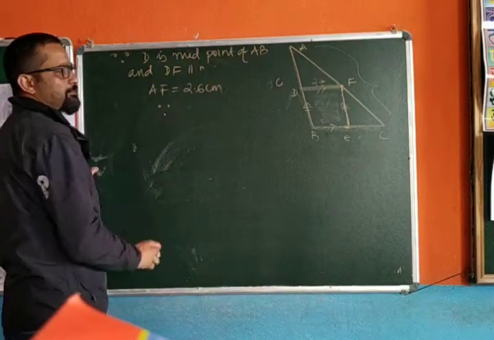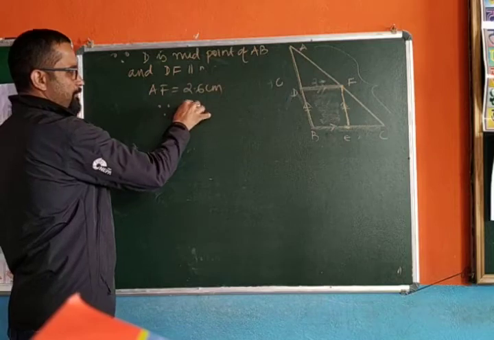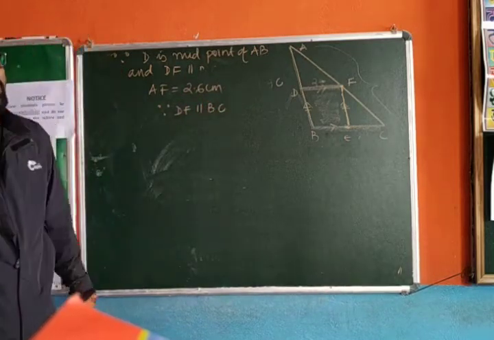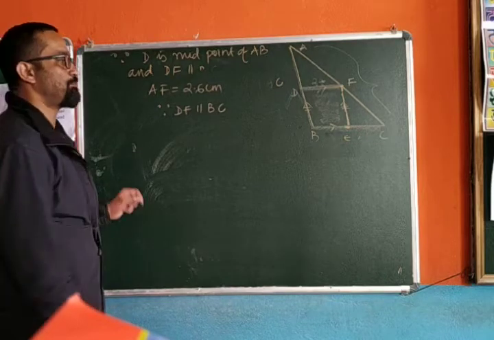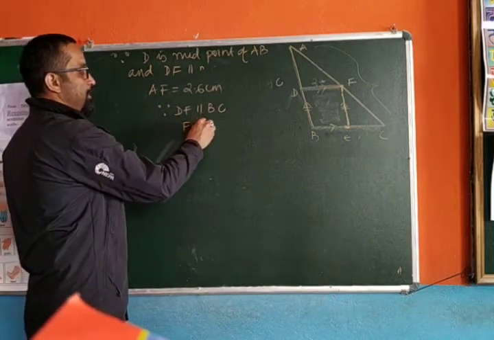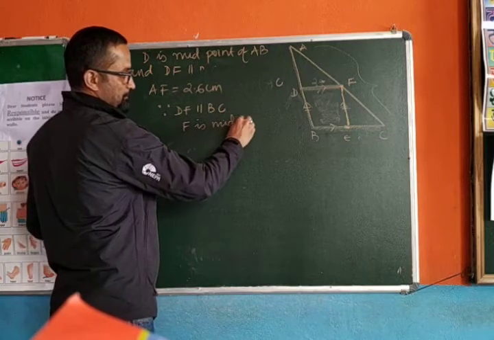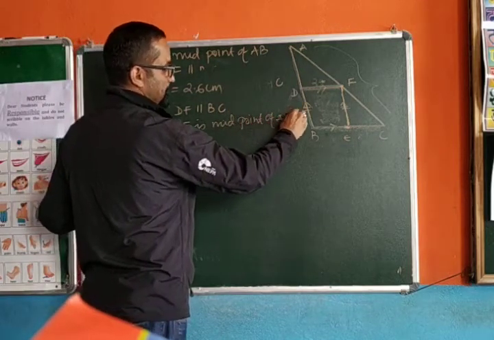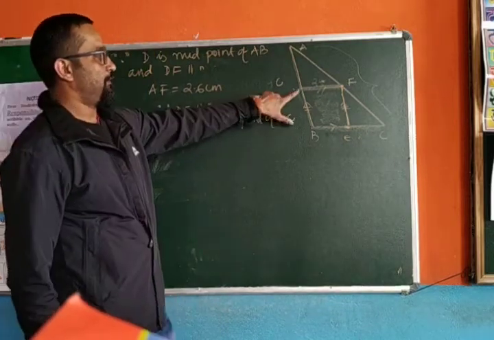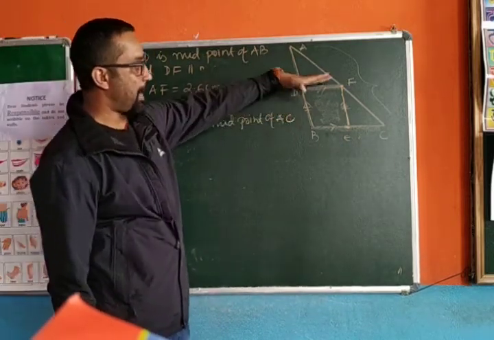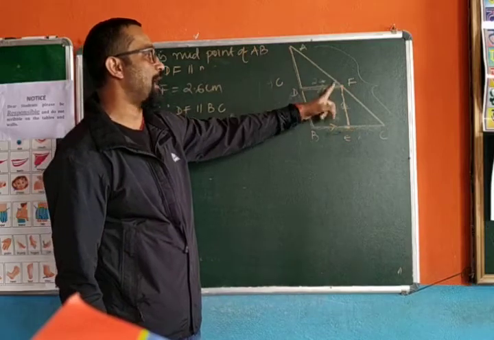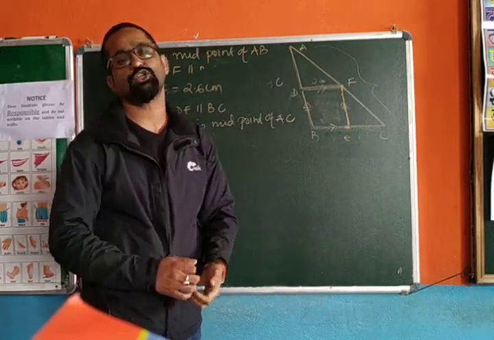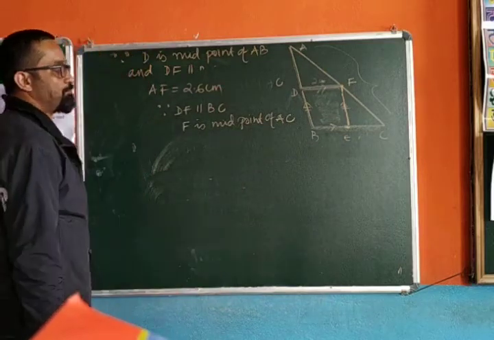Since DF is parallel to BC, by converse of midpoint theorem, F is midpoint of AC. Midpoint of AB, parallel to the side BC, passing through the midpoint of third side AC. That is converse of midpoint theorem.